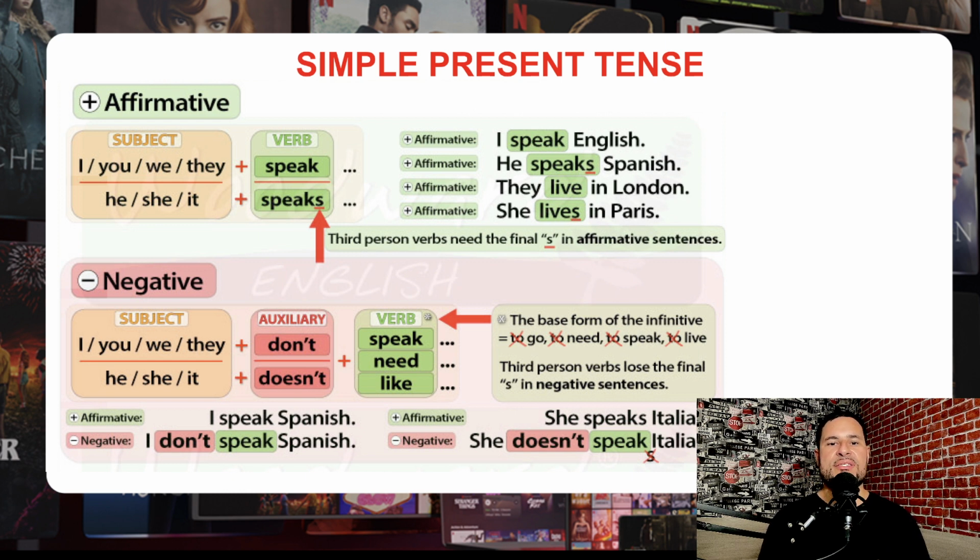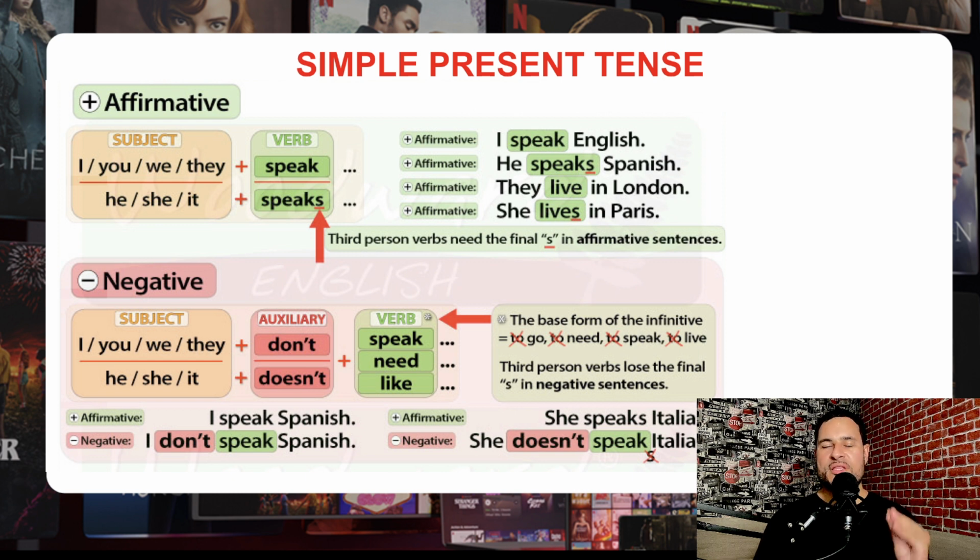So I don't speak, I don't need, and I don't like. He doesn't like, he doesn't need, he doesn't speak.